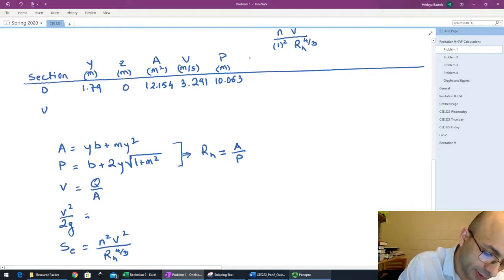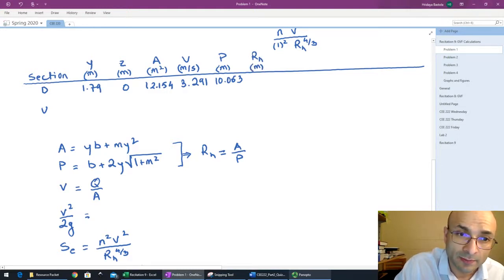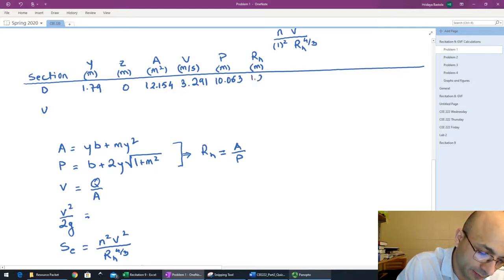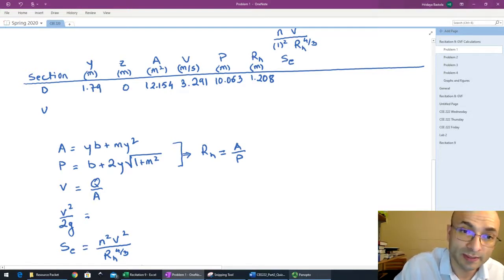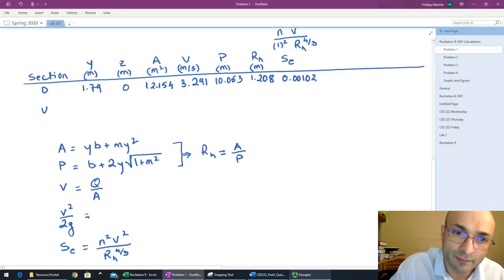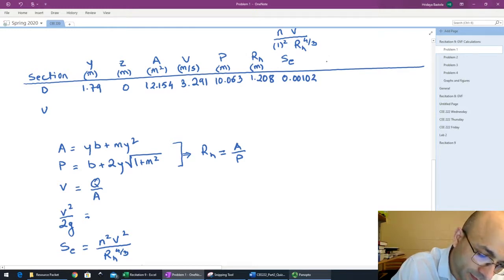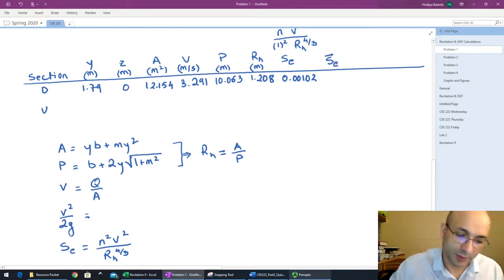The hydraulic radius with units of meter is going to be 1.208. The slope of the energy grade line in the downstream location is going to be 0.00102. Once we get a value for the slope of the energy grade line for the upstream location, then we can also get the average there.